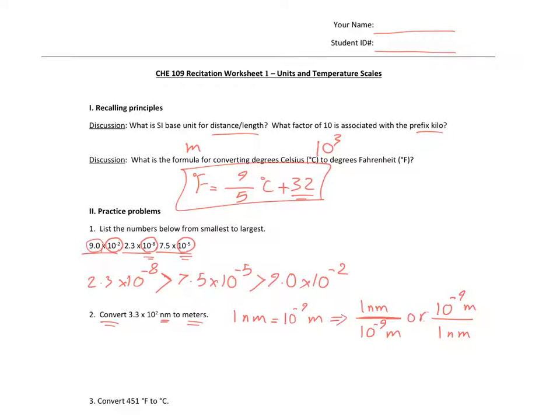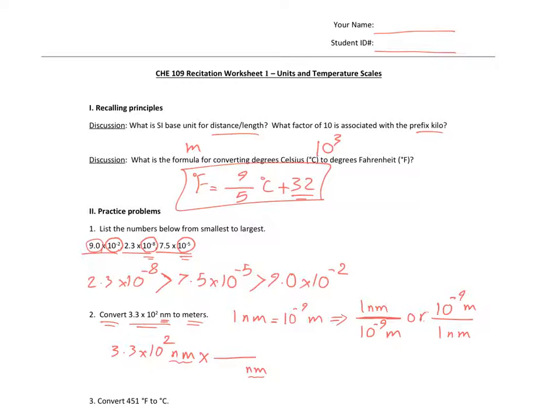Now we choose which one to use. We always start with the given information in the question. So 3.3 times 10 to 2 nanometer, and we multiply that by one of these 2 conversion factors. We have nanometer in here, and we want to cancel it, so we have to put that in the bottom.